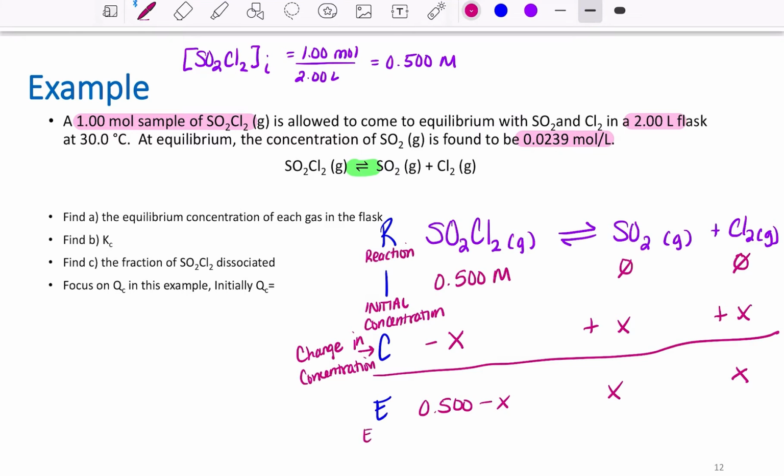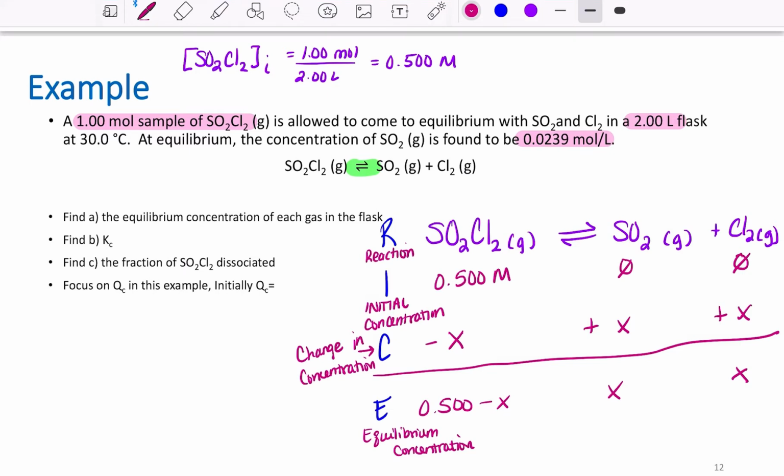And E stands for equilibrium concentration. So I call them ice tables, initial change equilibrium. A lot of students call them rice tables because they have to write the reaction first. Again, I don't care which way you call it. You need to be able to recognize it when I say it either way.